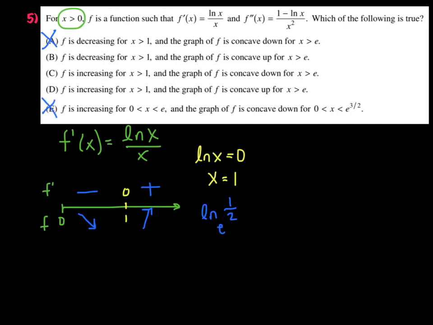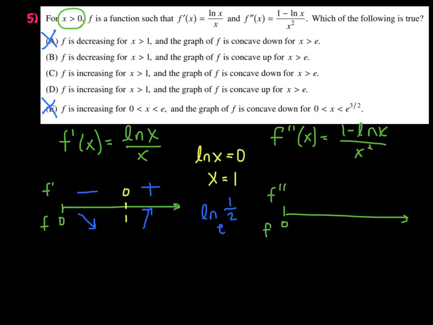All right, so now I'm talking about its concavity, which is the second derivative. So let's take a look at my second derivative, which is 1 minus natural log of x over x squared. Same thing, I need to set up my sign chart, and it's going to be from 0 on.